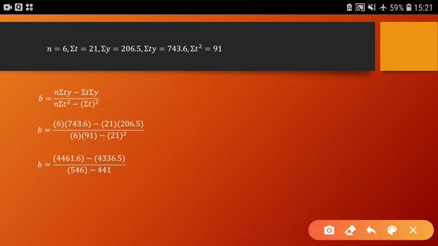Let us solve this sum. 6 into 743.6, take your calculator. What's the answer? It's 4461.6. Then 21 multiplied by 206.5 is 4336.5. 91 into 6 comes to 546. Square of 21 is 441.